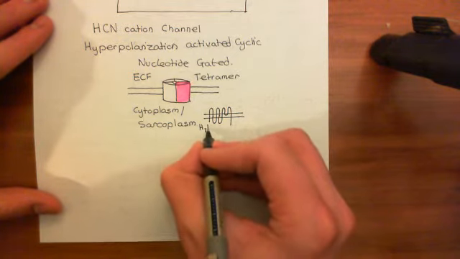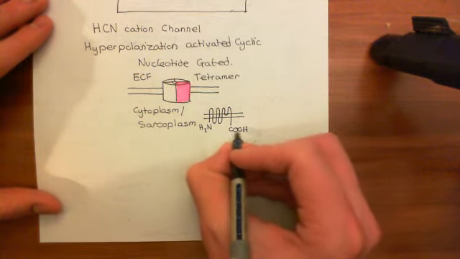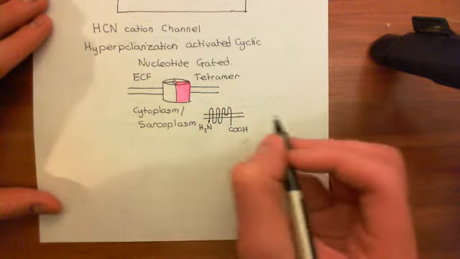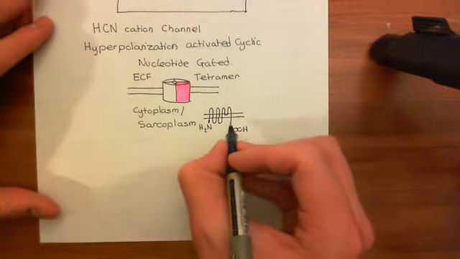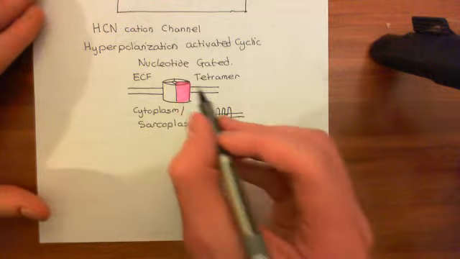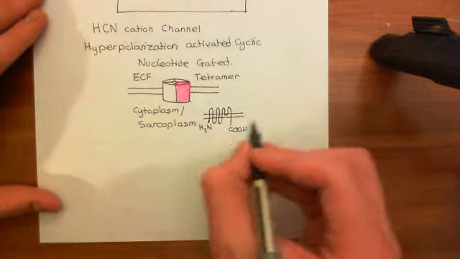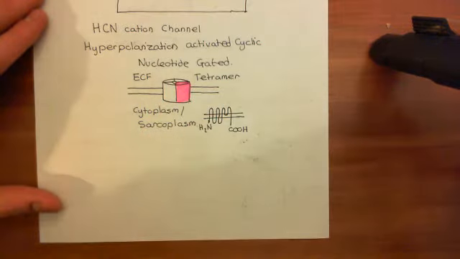Here is the amino terminus, and here is the carboxylic acid terminus over here. So this is the structure of a monomer of the HCN tetramer. What you do is you stick 4 of these together to make an HCN channel.